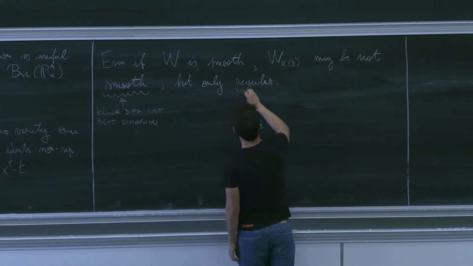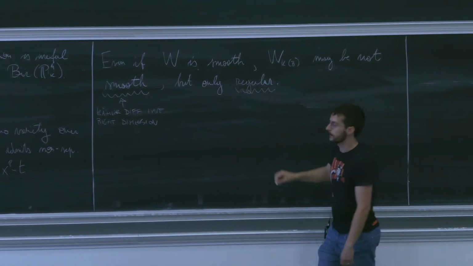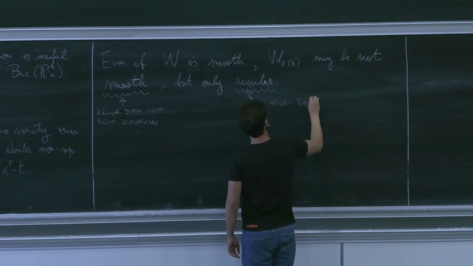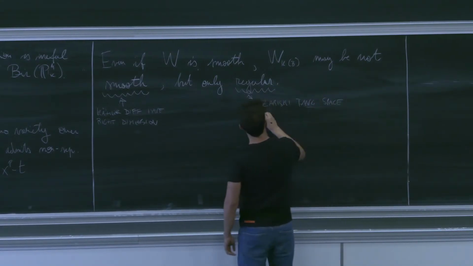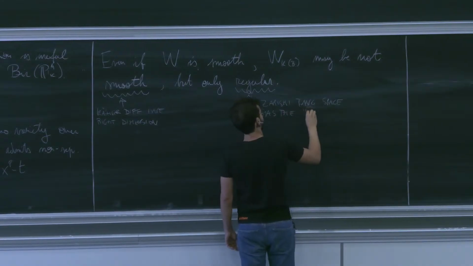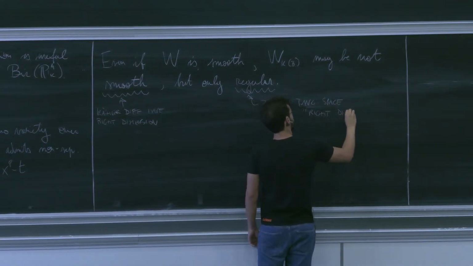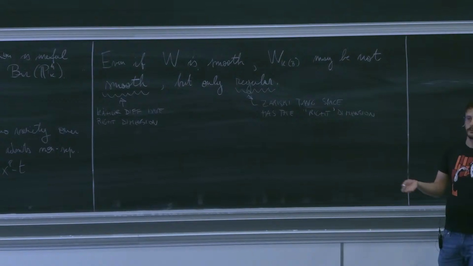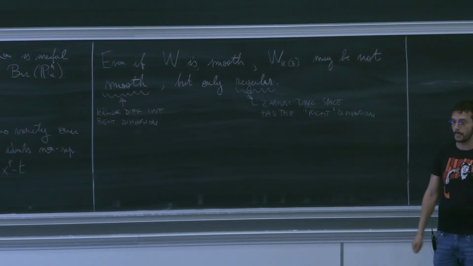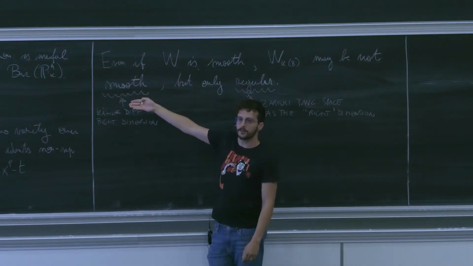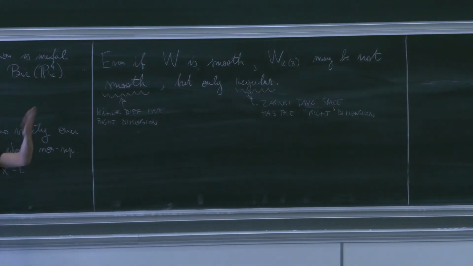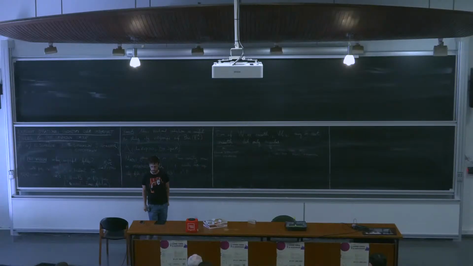And regular means that the Zariski tangent space has the right dimension. Over imperfect fields, those two things do not coincide. Smooth is stronger. You can guess why: when you differentiate, you get many zeros. So the module of Kähler differentials is going to be much bigger than expected in general.